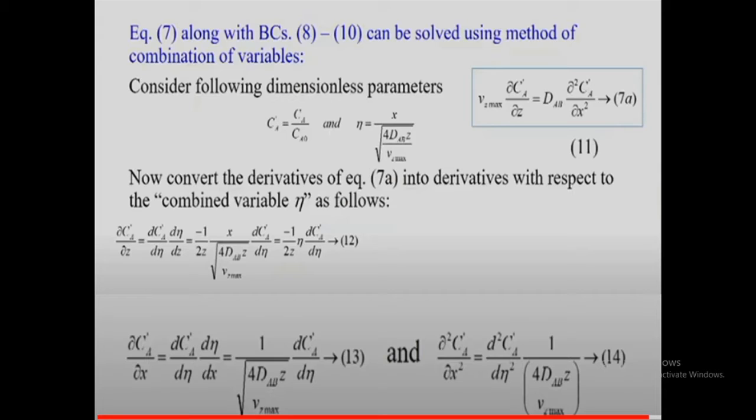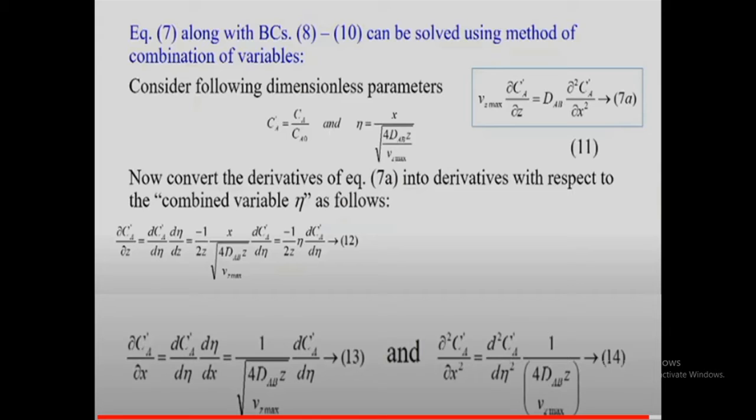Consider the following dimensionless parameters. Here Ca dash is equal to Ca by Ca naught, and eta is equal to x by root of 4 DAB z by Vz max. So what do you do here? From equation 7, you replace Ca with Ca dash.